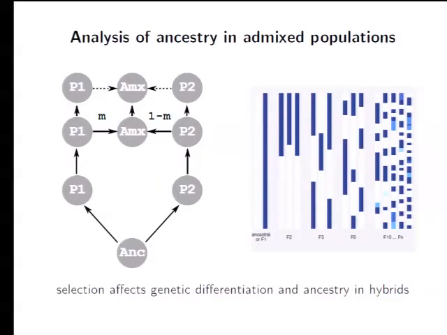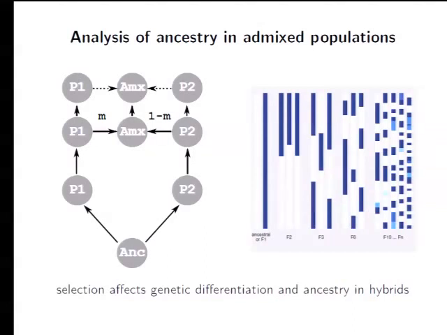So all else being equal, divergent selection between parental populations should increase levels of genetic differentiation at those loci under selection. There are obviously many complications involved in that, and recombination rate can play a role. And there's nowhere near a perfect correspondence between those things, but on average, selection tends to increase differentiation.